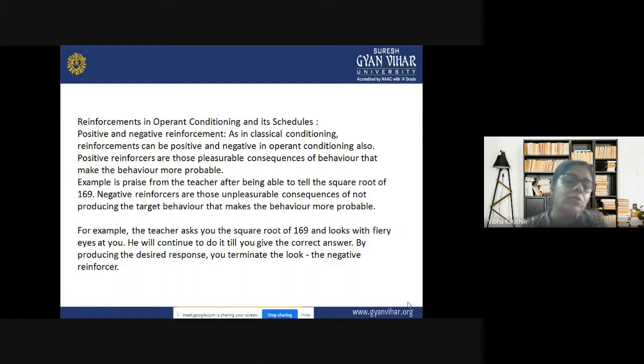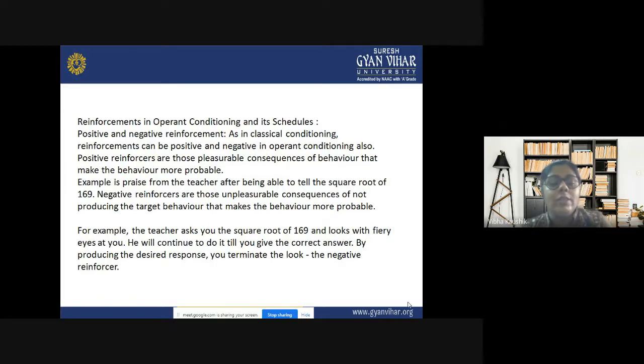Negative reinforcers are those unpleasant consequences of not producing the target behavior that make the behavior more probable. For example, the teacher asks you the square root of 169 and looks with fiery eyes at you. He will continue to do it till you give the correct answer.